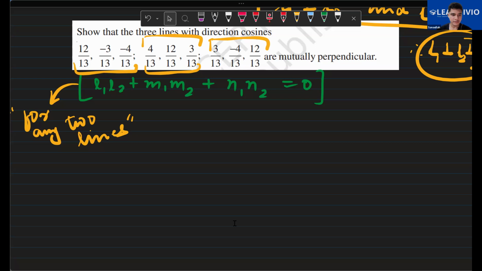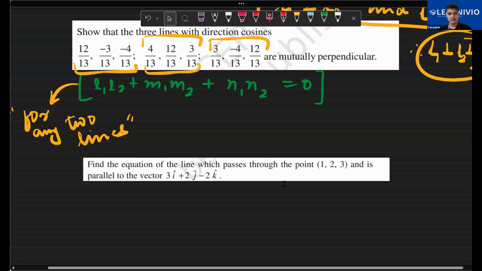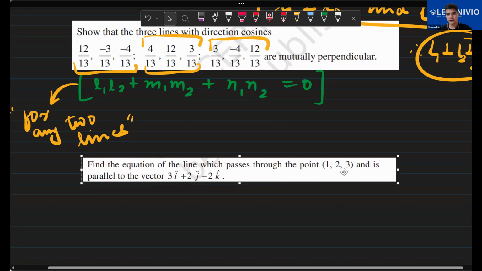This is easy. Find the equation of a line which passes through this point and is parallel to this. Okay, this is the question. Solve this question. Find the equation of a line which passes through the point (1, 2, 3) and is parallel to the vector this.